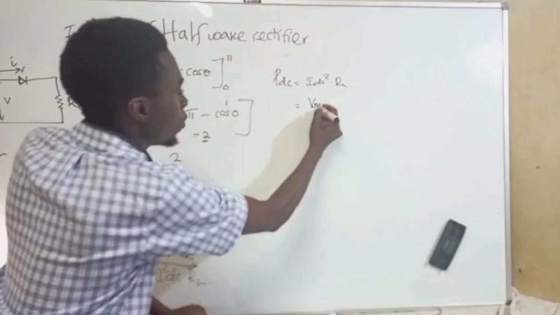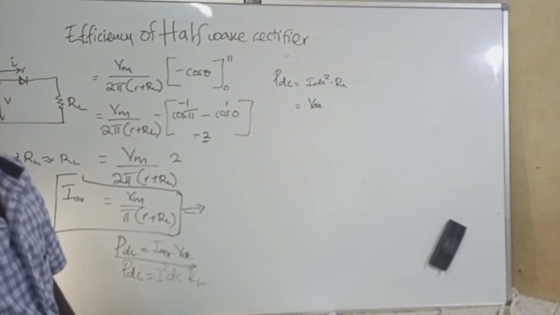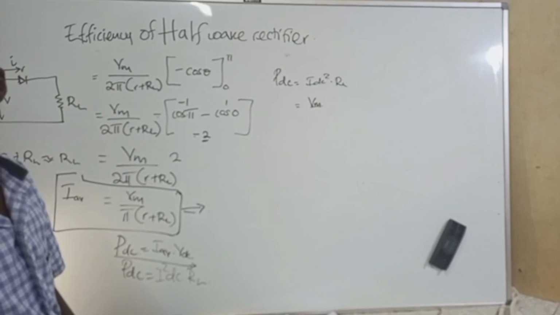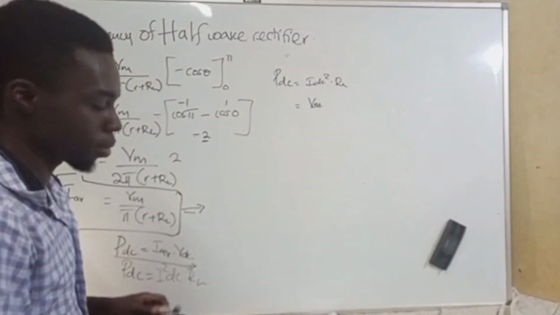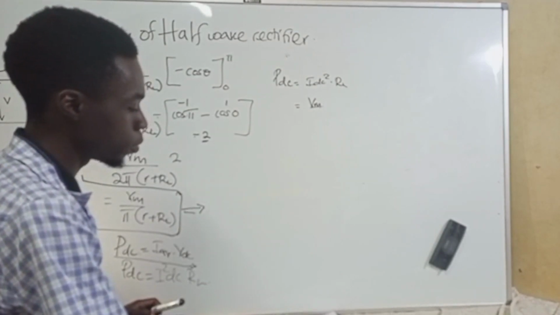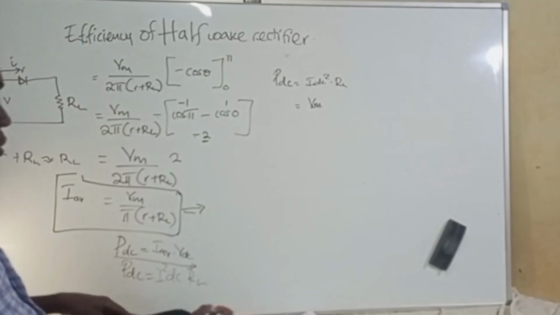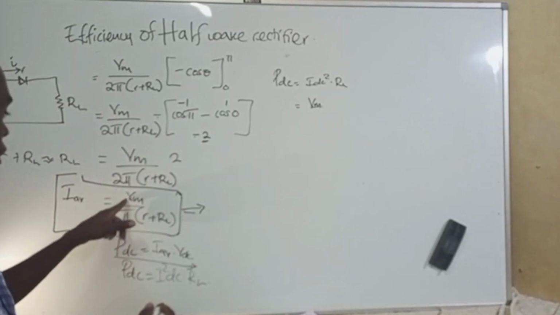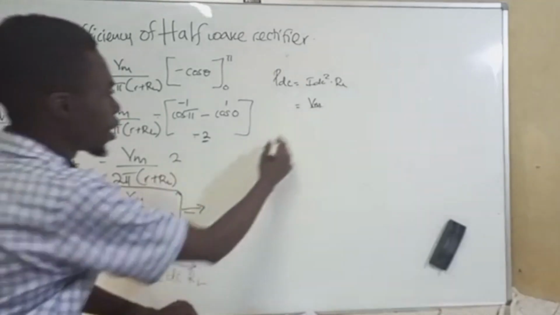So our average value, let me try to get for you the text. I don't know if it is there, but I can't see it here on the screen. But in case you're following from your respective textbooks, our I DC squared. Now, there is something I did mention about this I average.